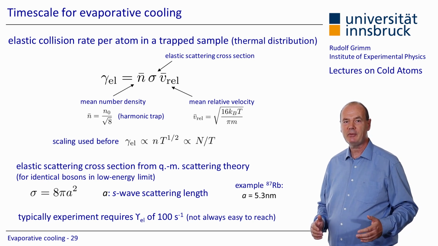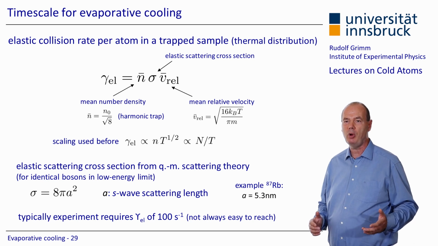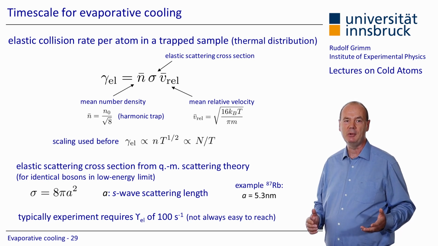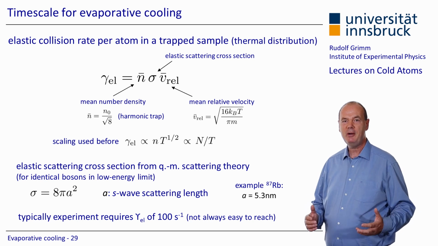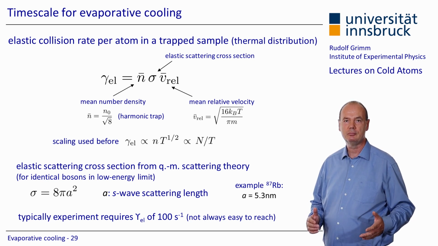The typical timescale for an evaporative cooling process with large gain in phase space density is something like 10 seconds, sometimes less, sometimes more, depending on the atomic species, the particular trapping scheme, and the experimental parameters. Evaporative cooling can be very powerful, but its implementation needs very careful choices of the experimental conditions and procedures.